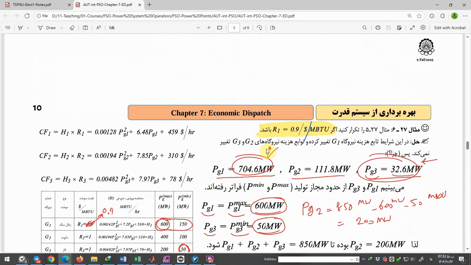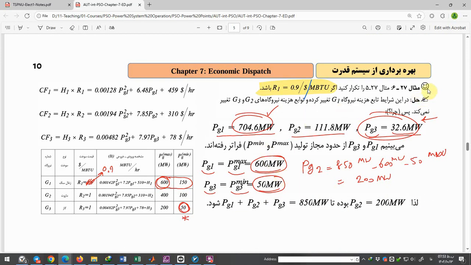For example, in this exercise we found that PG1 is about 700 megawatt. The 700 megawatt of PG1 is not true, because the maximum limitation of G1 is 600, but our calculation gave 700.